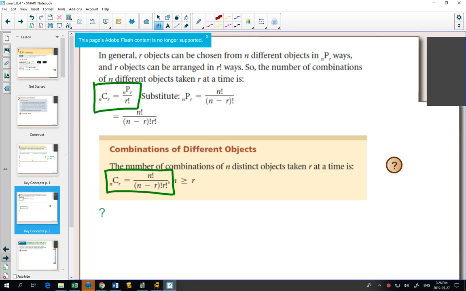And with your permutations formula, you almost never used it because we could use spaces more often to figure it out. But we will be using our combinations formula a lot.